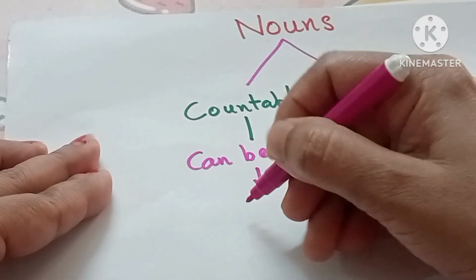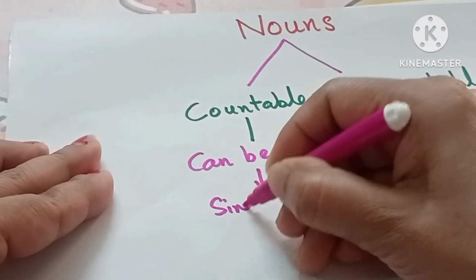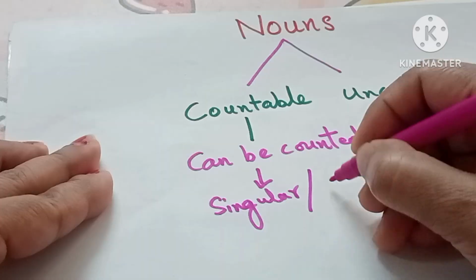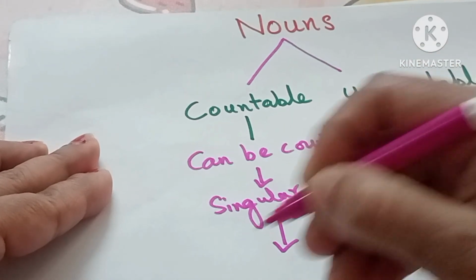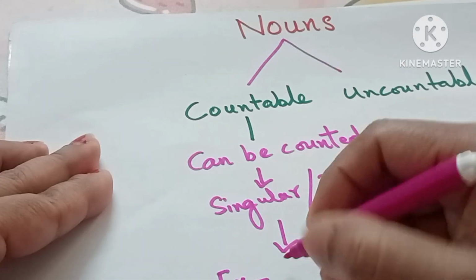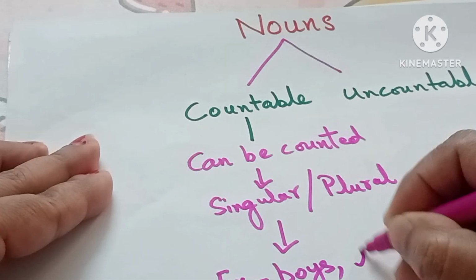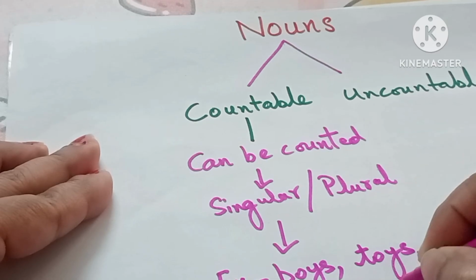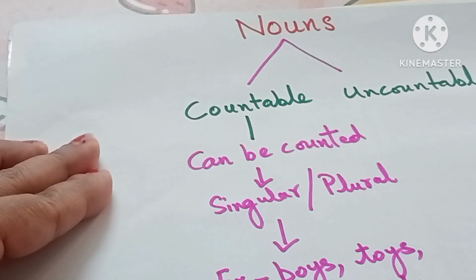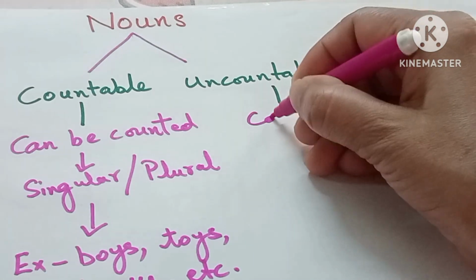It can be either in singular form or plural form. For example, boys, toys, pens, books, etc. They all can be counted.